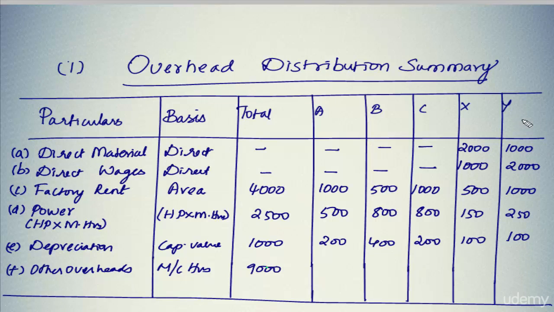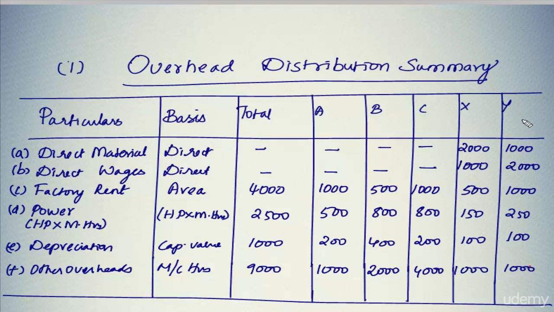So we'll apportion this $9,000 exactly in that proportion, and it's going to be $1,000 for department A, $2,000 for department B, $4,000 for department C, and $1,000 and $1,000 for department X and Y. So in this way we have apportioned all the expenses.